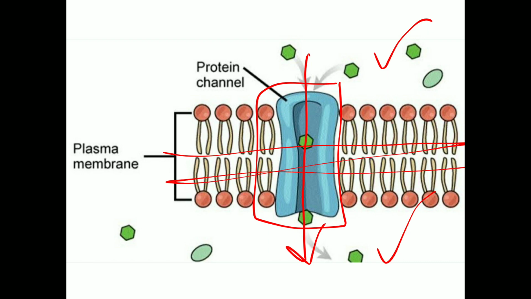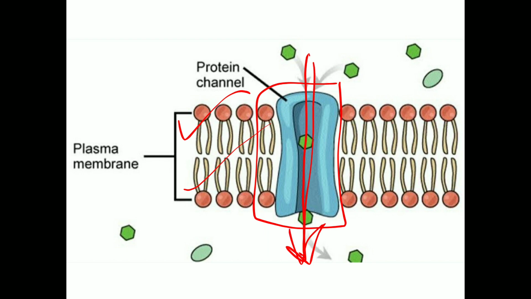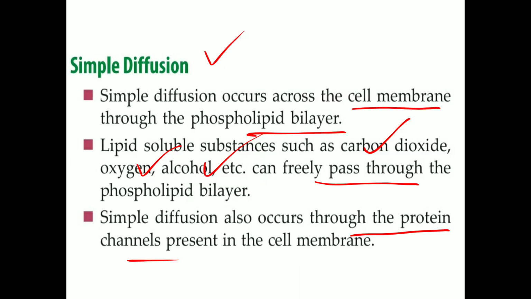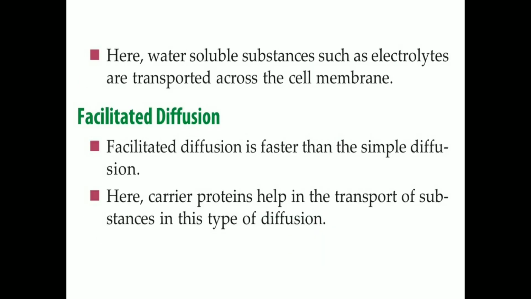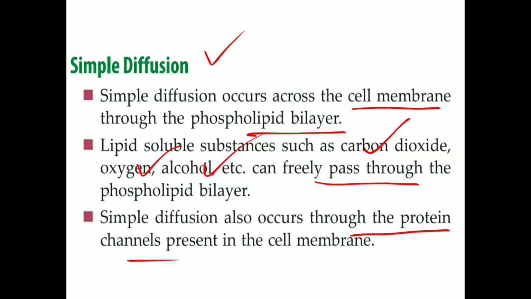This is the cell membrane made of phospholipid bilayer. It passes through the phospholipid bilayer. It may also pass through the protein channels from one side of the cell to the other side. That is simple diffusion. Further, water soluble substances such as electrolytes are also transported across the cell membrane in this kind of simple diffusion.